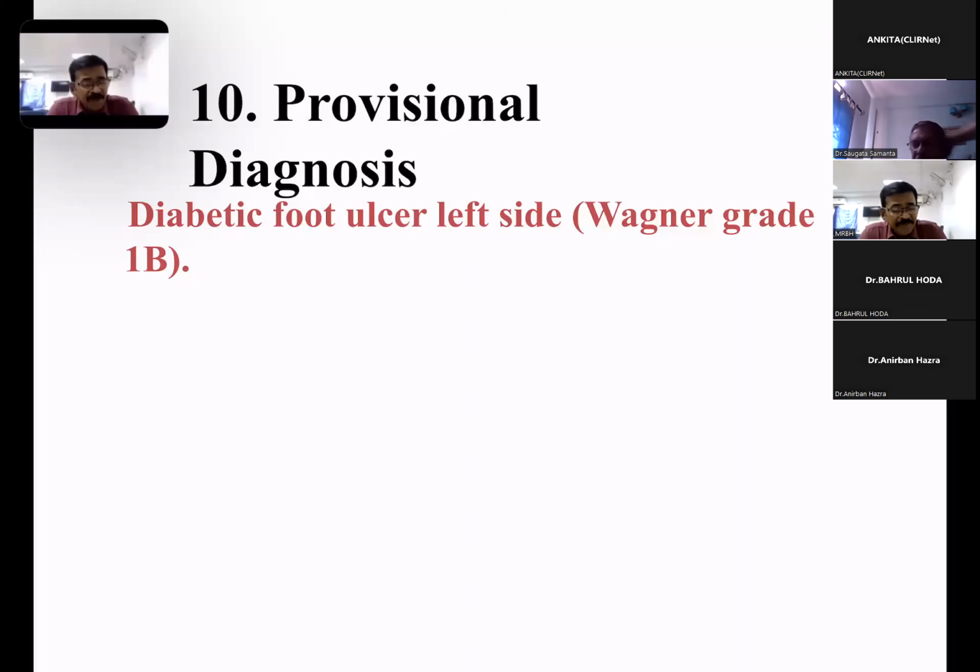You can measure the segmental blood pressure in the thigh, in the calf, in the ankle. If you find more than 20 mmHg deviation of the segmental blood pressure, that indicates there is stenosis at that particular segment. Then you may have audible signals on duplex study.